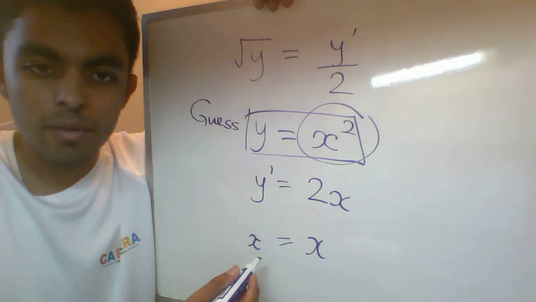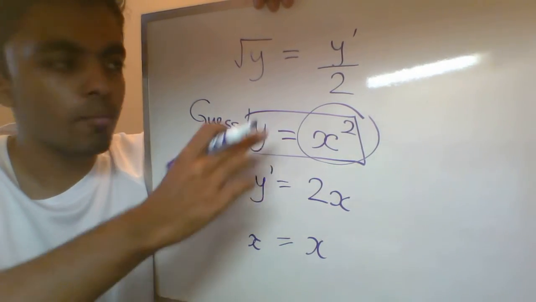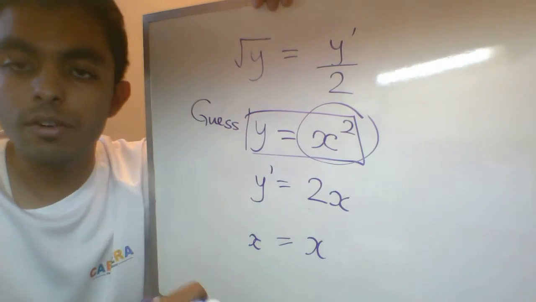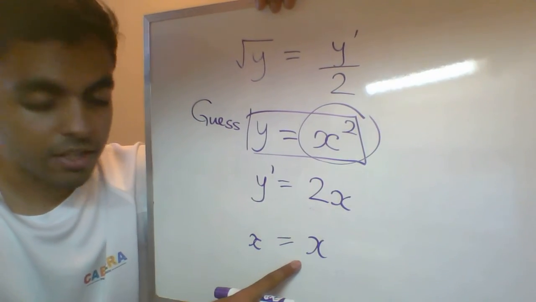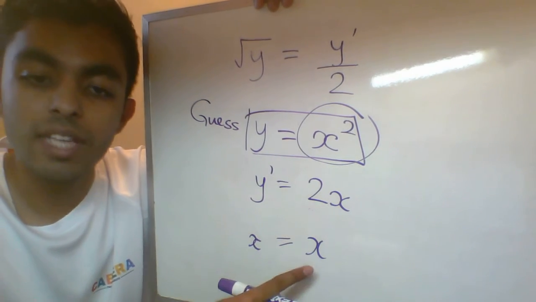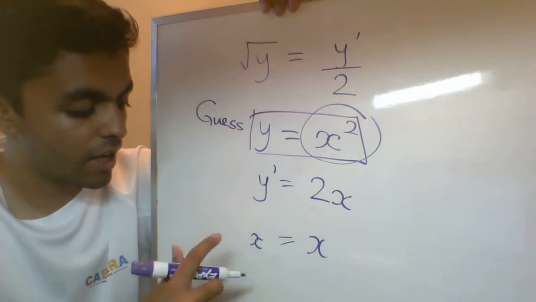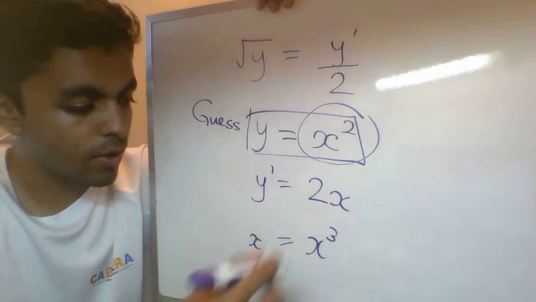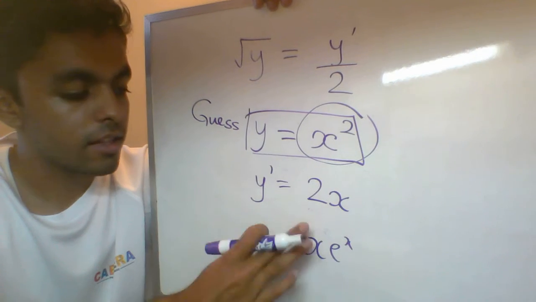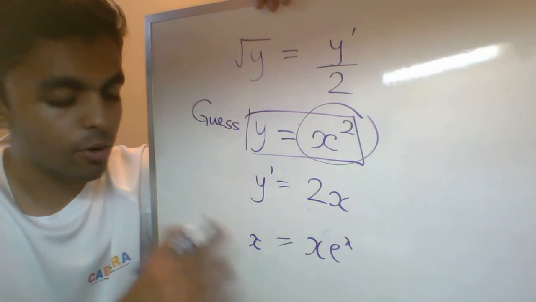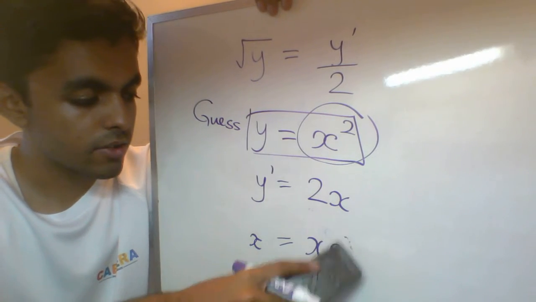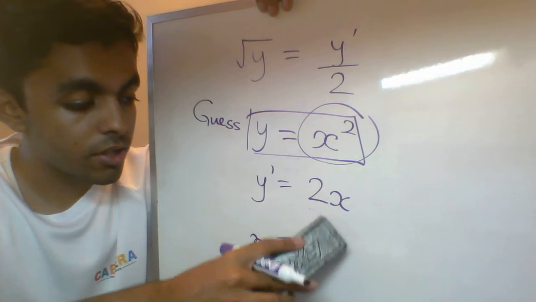And then if you plug that function and all the derivatives that you need into the original question, your final answer, if you got it right, should be the same thing on both sides, because that is what's telling you that you've got the right answer. If I had x on this side and x cubed on that side, or x e to the x on that side, then that would be telling us that no, we've messed up somewhere because these two things are not the same. So that's why it's important to do the check at the end.